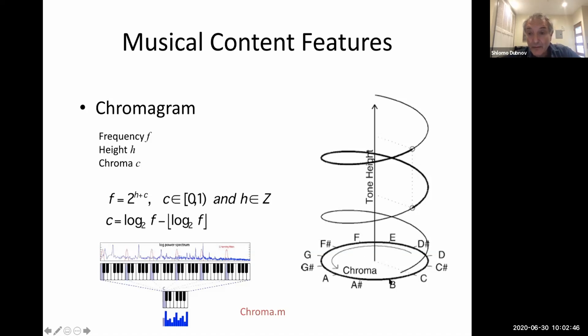We might talk separately about what note is being played and what octave it's being played. So what it means is basically that if we think about the frequency as 2 to the power of some number that goes between 0 and 1, which relates to the chroma, relates to the actual pitches, okay? And then the h, which are integer numbers, which represent the octaves.